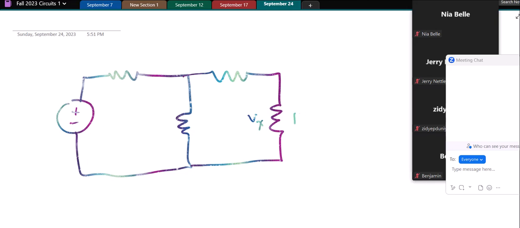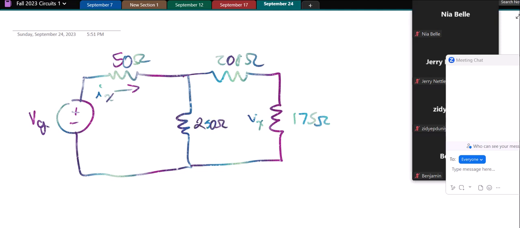And this is 175 ohms, 200 ohms, 50 ohms, Vg, Ix, 250 ohms, plus minus V1, plus minus Vx. Okay, so now let's do this. We know that Ix was 50 milliamps, and we know that Vx is 3.5.